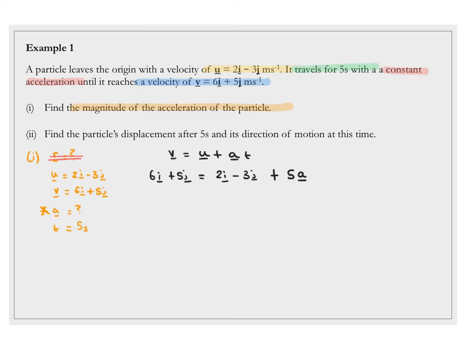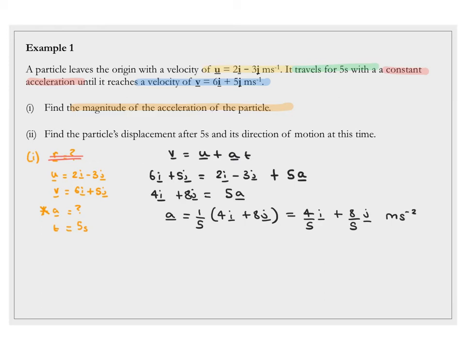So if I subtract 2i from both sides, I'm going to get 4i. And if I add 3j to both sides, I'll get 8j equals 5 multiplied by the acceleration. So divide both sides by 5, and the acceleration vector is given by this result here, which if we want to write it out in separate i and j components, we simply can do like that.